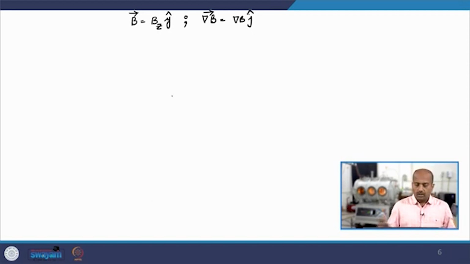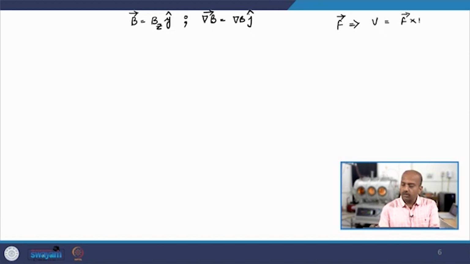All right. So, now as per the generalized drift, let us recall the generalized drift. If you have the generalized force F, which can give rise to a generalized drift, which is F cross B by q B square.